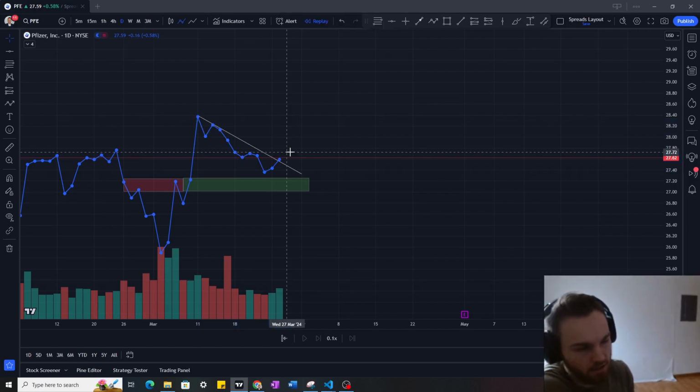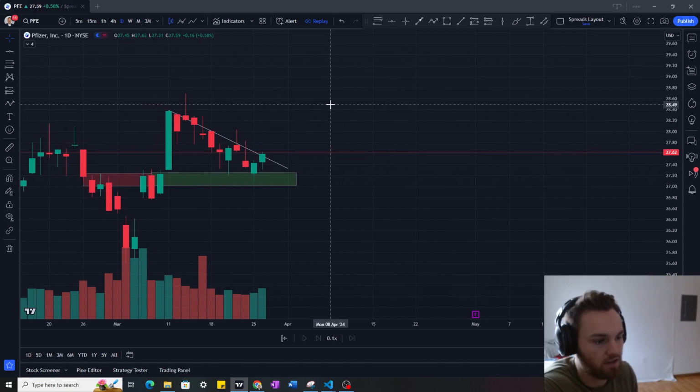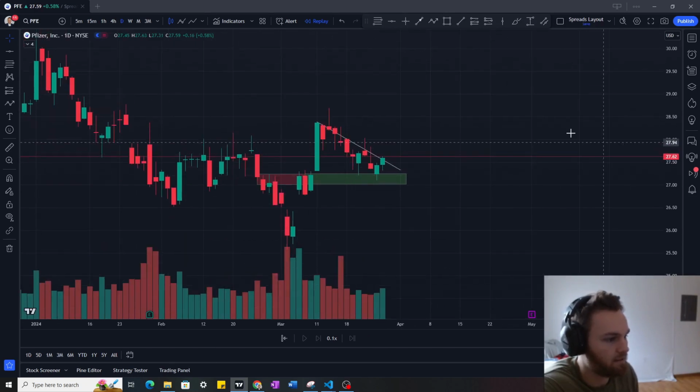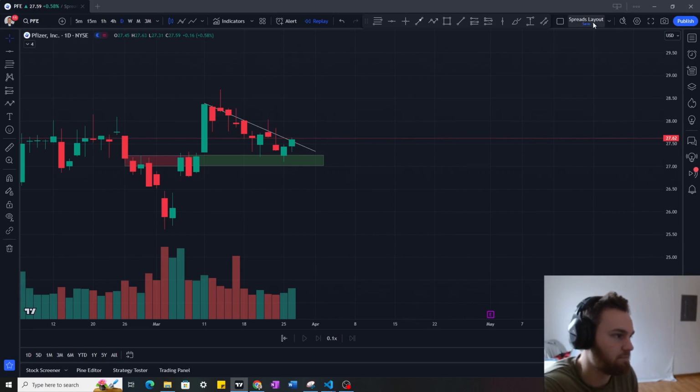So looking for that bullish structure. Doesn't have it yet, but this on the VPA side is looking awesome. Here's your low volume sell-off, high volume buying in demand, high volume buying right here. This looks good, Pfizer. You're looking better than your little partner Moderna right now. Moderna just got shellacked today, so we'll see.